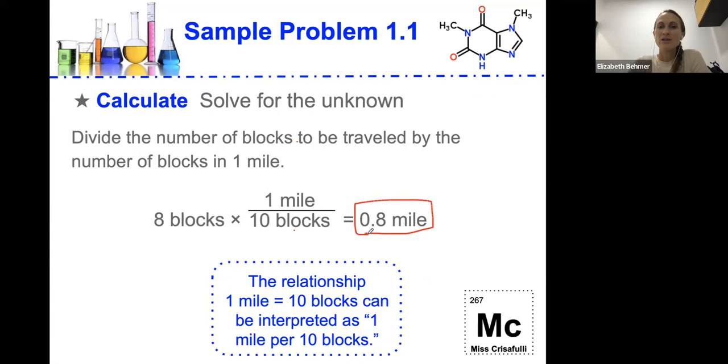Solving for the unknown, we've taken 8 blocks because it takes 8 blocks to walk from the Capitol to the theater, and we know that 1 mile is 10 blocks. So we're able to multiply 8 times 1 over 10. And that gives us the total distance that we will be walking: 0.8 miles. So this will help us solve the second step of the problem.